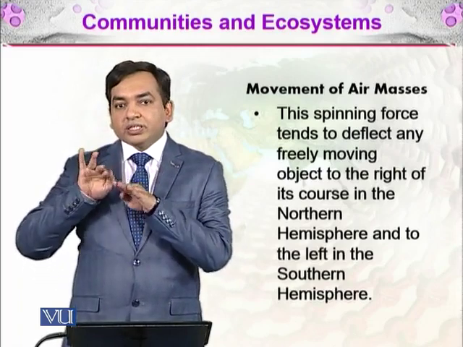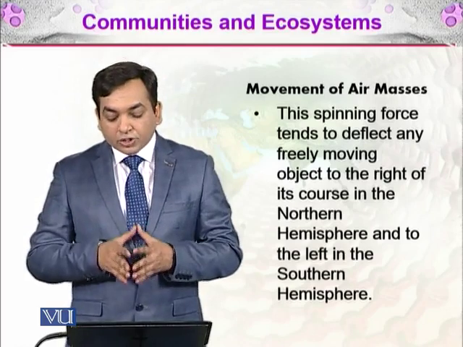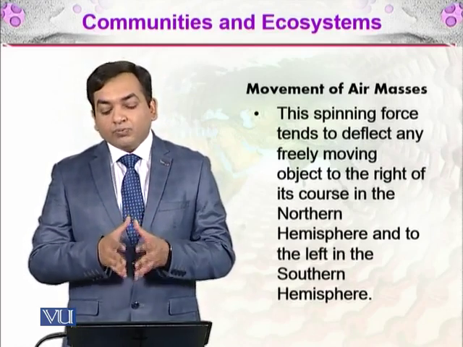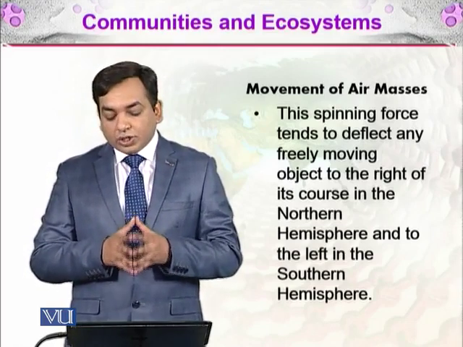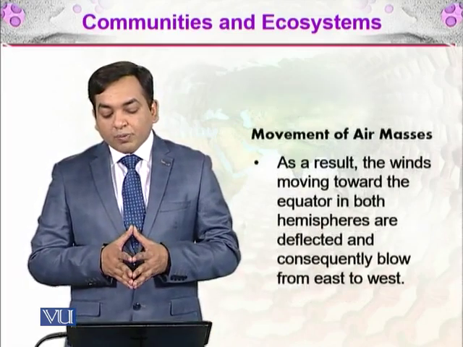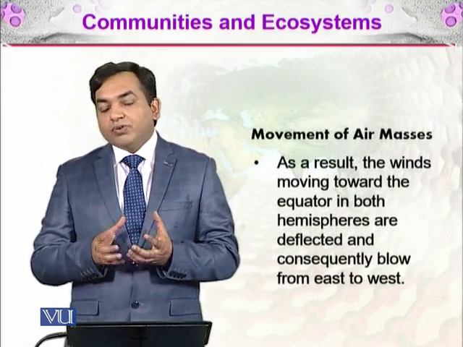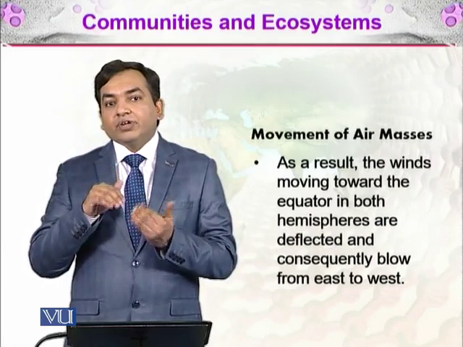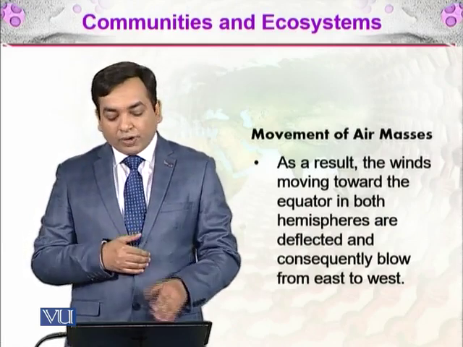So, in both cases, the wind will be moving from east to west. In this way, the movement of the air masses will take place from east to west. The wind moves from the poles towards the equator, and when it reaches the equator, it moves from east to west.